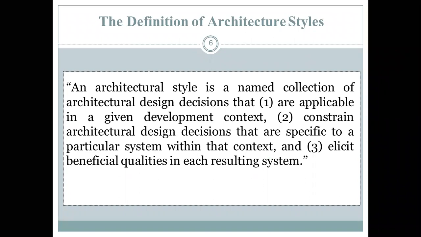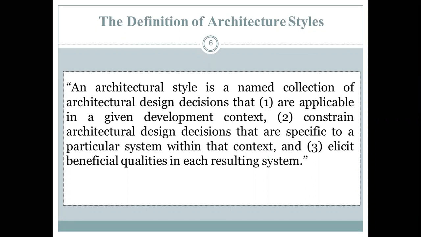What is it? It is a named collection of architectural design decisions. Which kind of design decisions? First, it is applicable in a given development context. That architectural style or architecture should be applicable and suitable for that given development context. Then the second one is constrained architectural design decisions.